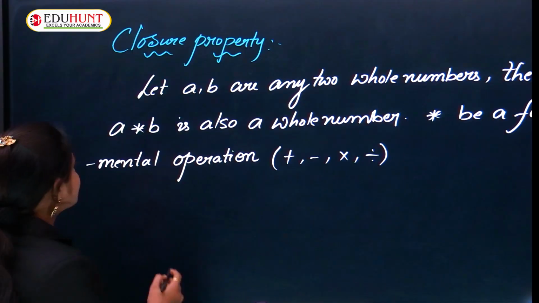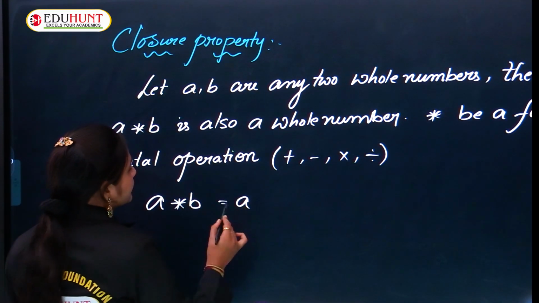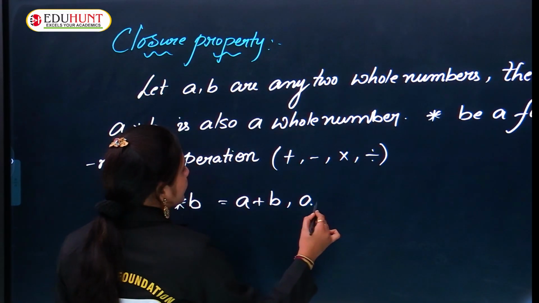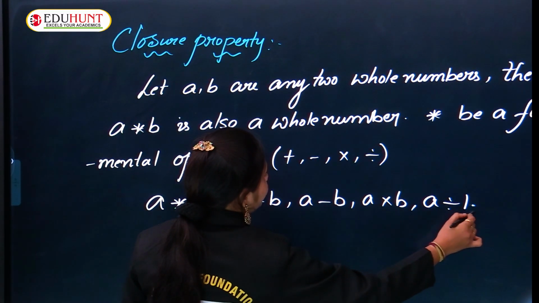So A star B can be A plus B, A minus B, A into B, or A divided by B.